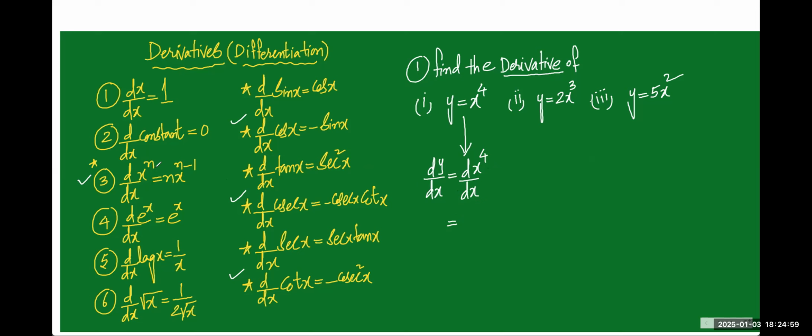It's 4. So if you put it in this formula, what answer do we get? 4x to the power of 3. Yes, that's what I'm asking. 4x to the power of 3 will be your answer. And that's it. Similarly for this one.